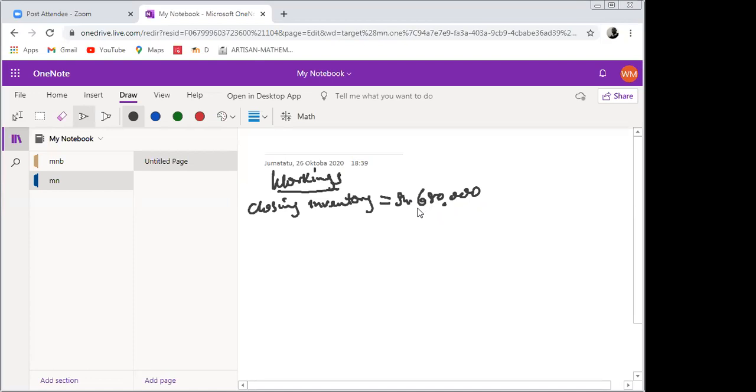Remember what we said with accrued. Anytime you are given accrued, it simply means that it is the salary for this year, but as we are coming to the end of the year, this salary has not been paid. So we normally add. Accrued, we normally add. And remember also, they can use the word due. They can say salaries due.